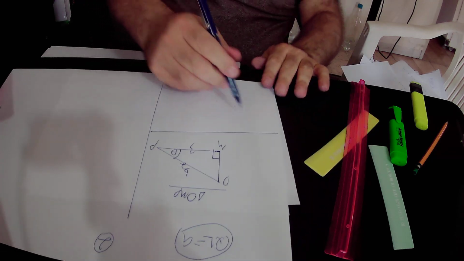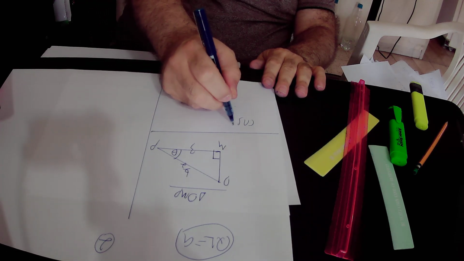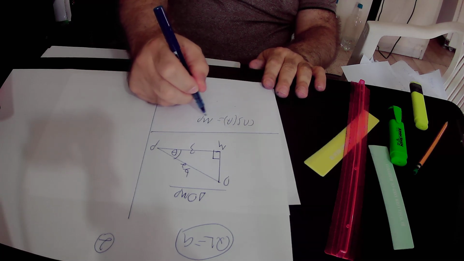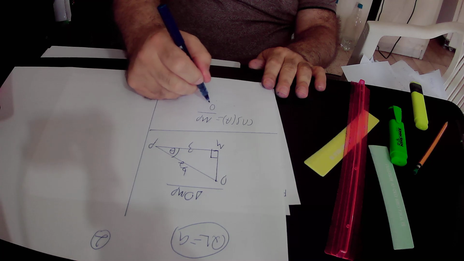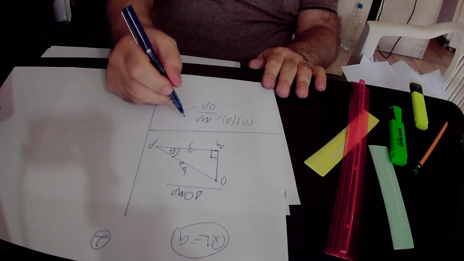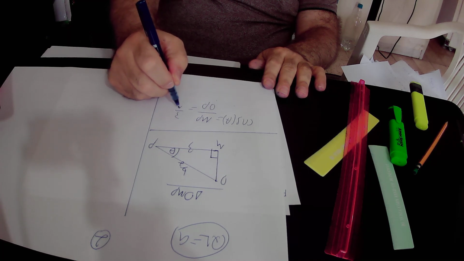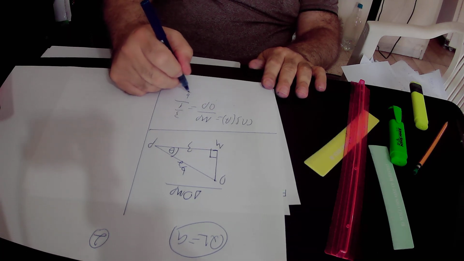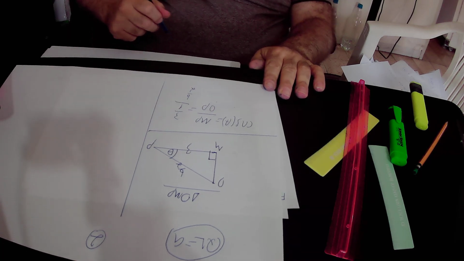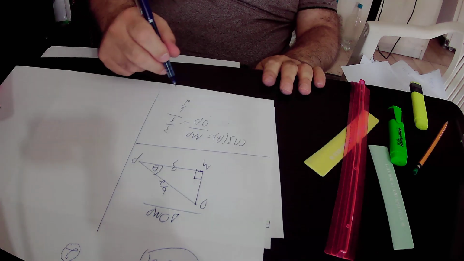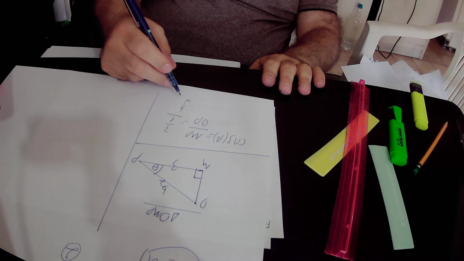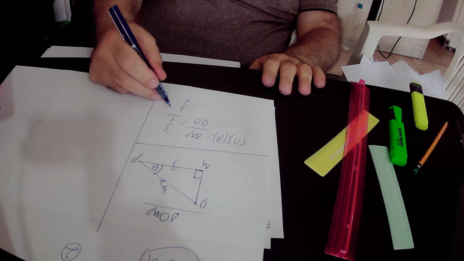Here cosine theta equals MP over OP. MP equals 3 units and OP equals B over 2. So here we'll move 2 to the numerator and B to the denominator.